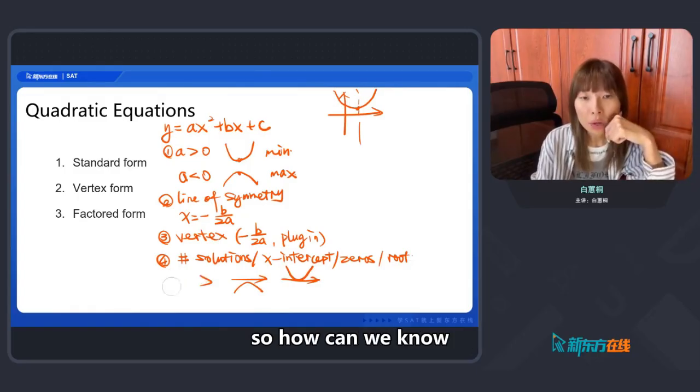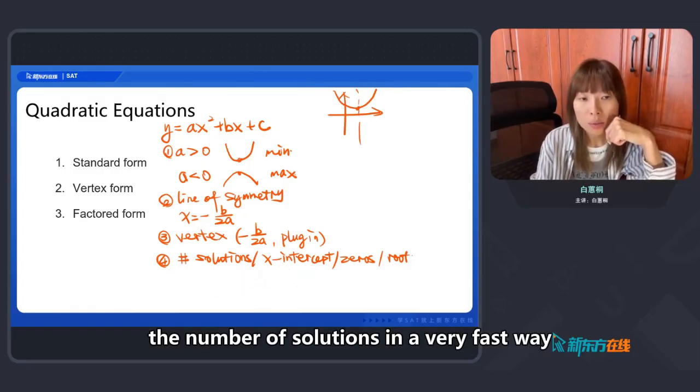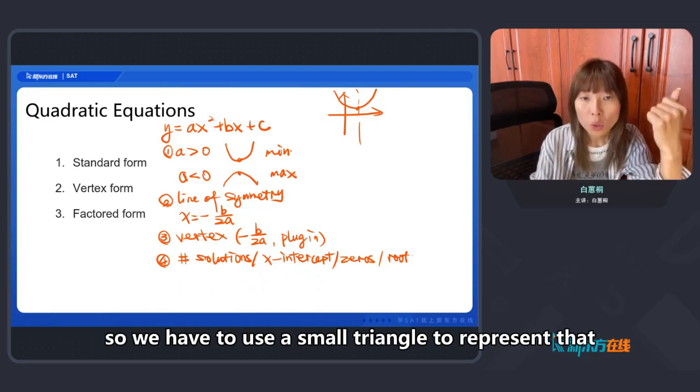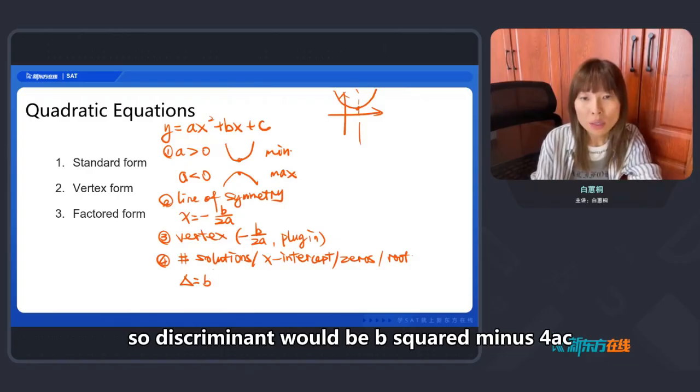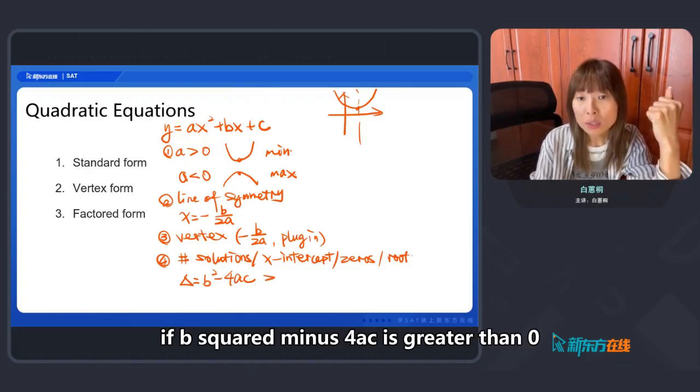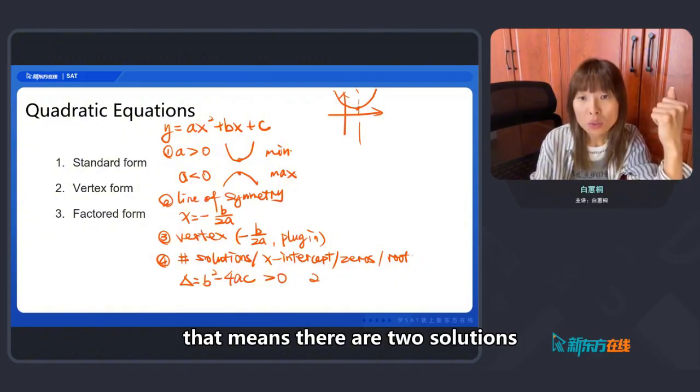So how can we know the number of solutions in a very fast way? We use a small triangle to represent that. We often call that the discriminant. The discriminant is b squared minus 4ac. If b squared minus 4ac is greater than 0, there are 2 solutions.